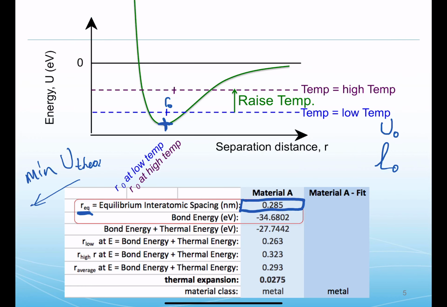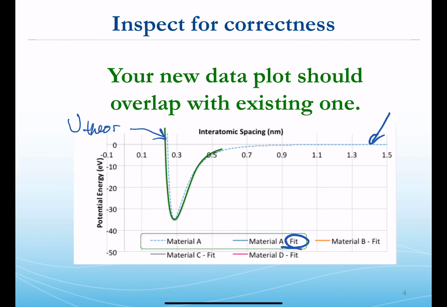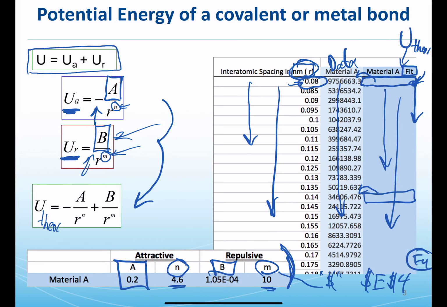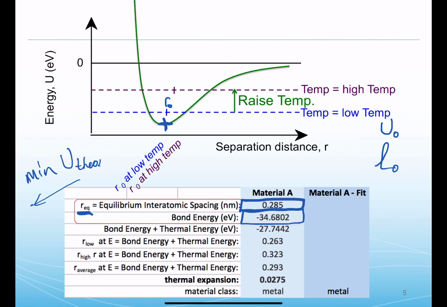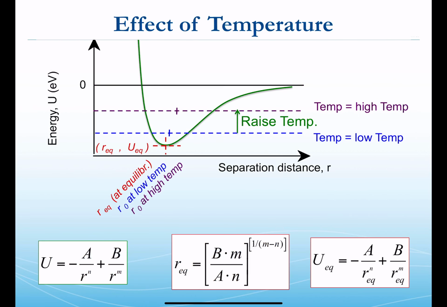To calculate the bond energy now at equilibrium, we can solve for r, provided that we know the U value. So if you use the U theoretical and solve for r, we can calculate r. That's what the next slide has done for us.